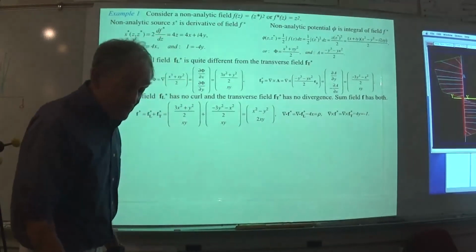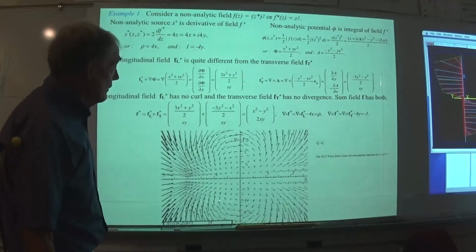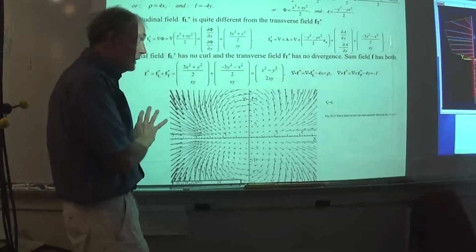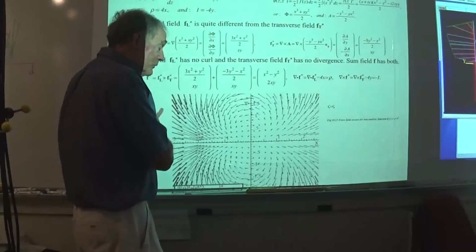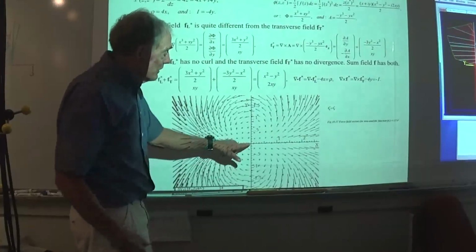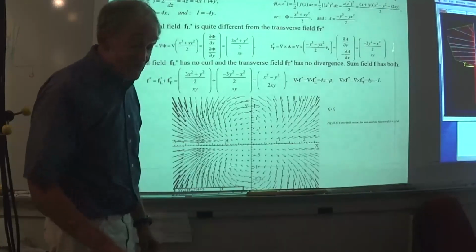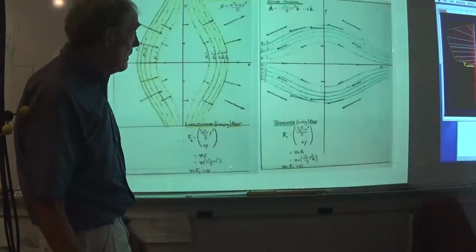But anyway, that field, I'm going to show that field, is really quite horrendous. This is the field that has curl and divergence virtually everywhere. Actually, it's none of it right here. But everywhere else, it's got lots of divergence and lots of curl.